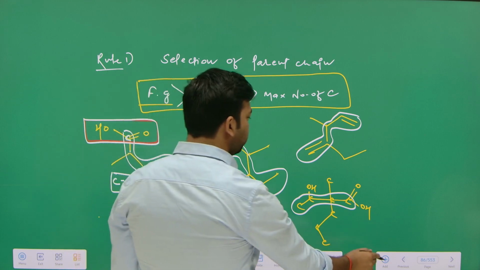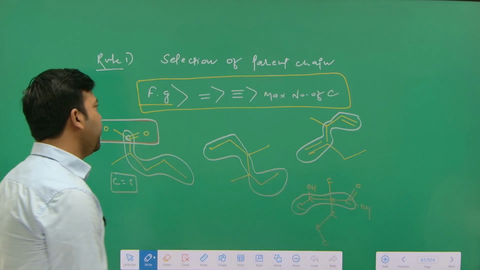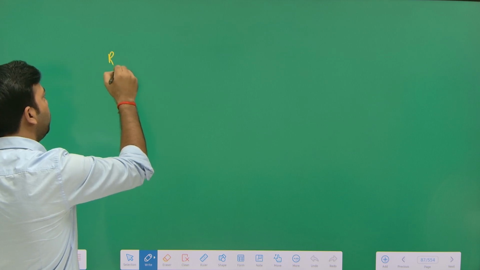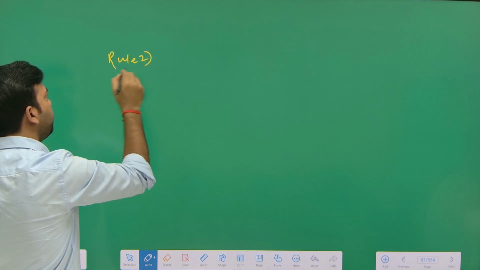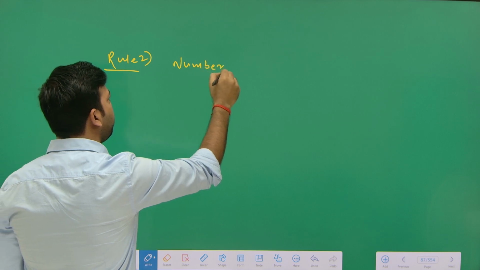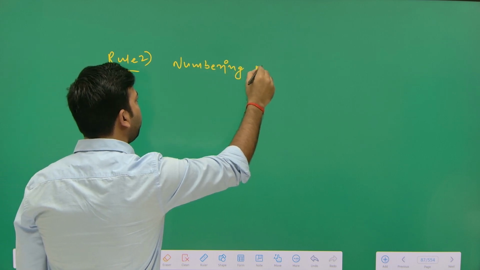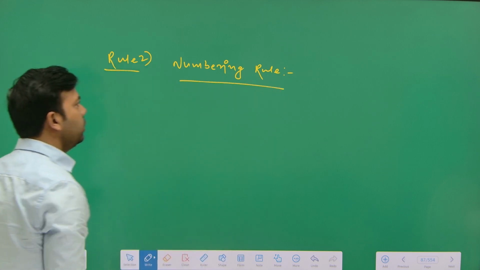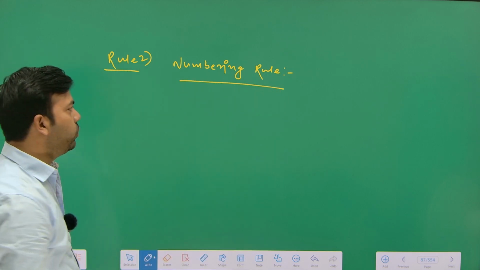Now the next step, after deciding the parent chain, is to find the numbering. So rule 2 is the numbering rule. So what is the numbering rule? Here also we have priority.